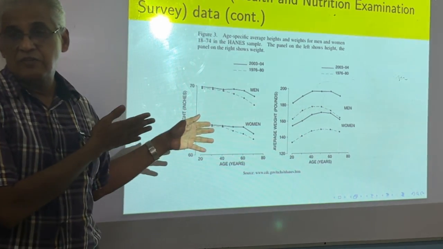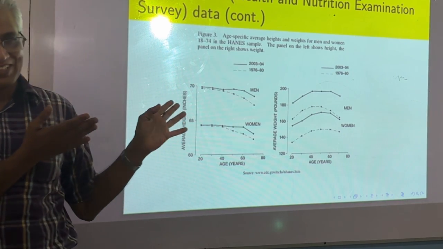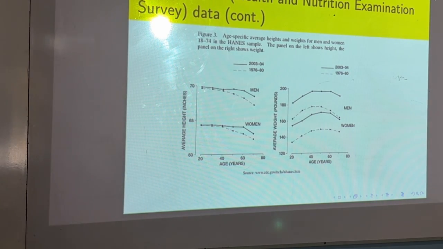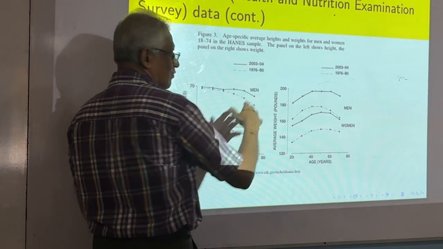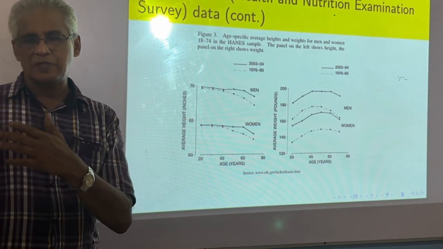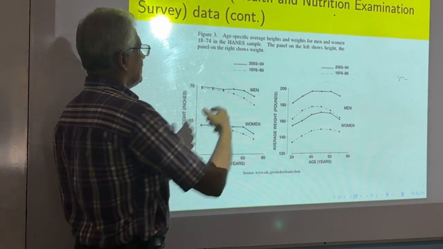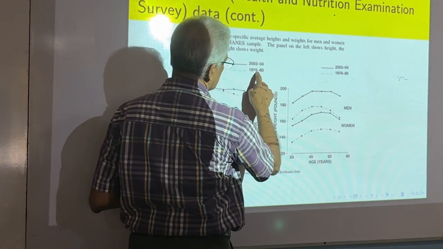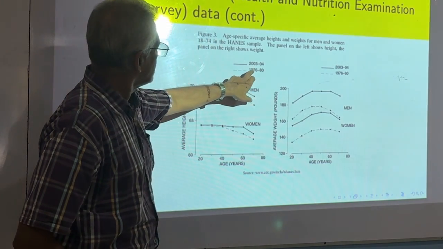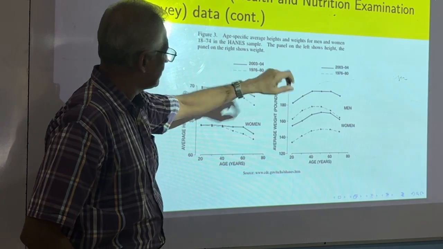That is a very old time, right? So we are comparing the difference in height of people then, between those two groups 30 years apart, and the difference between these two, again roughly 30 years.